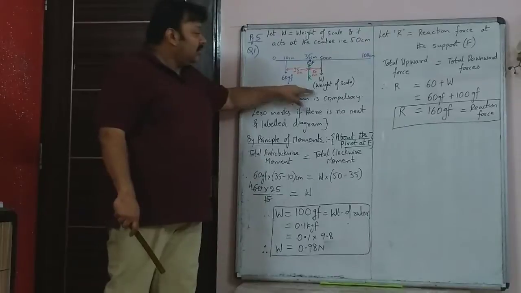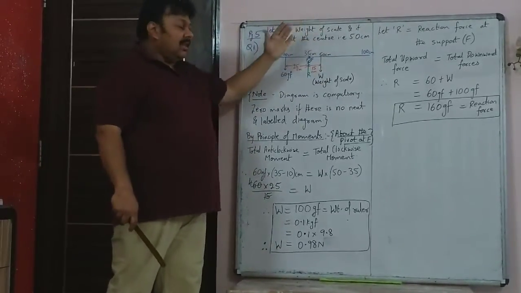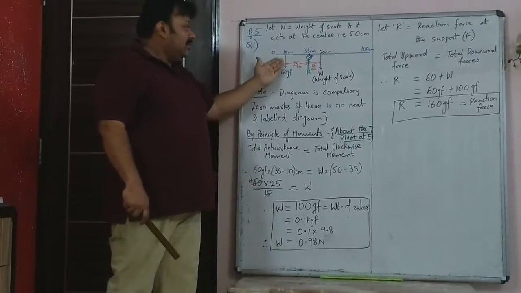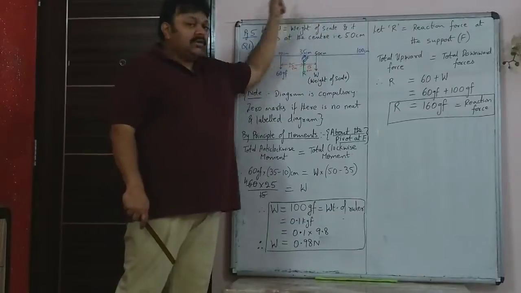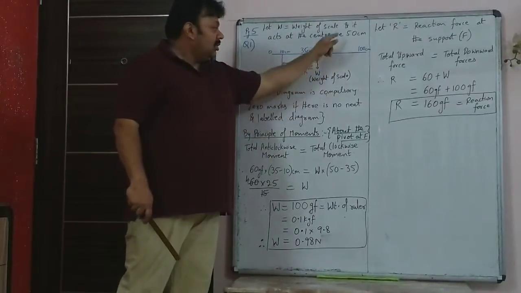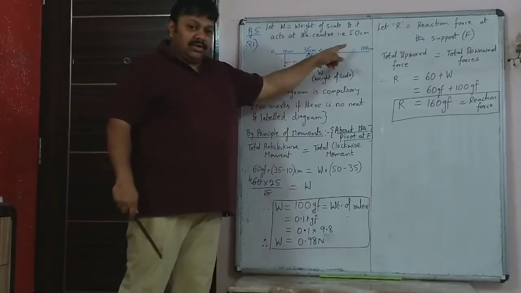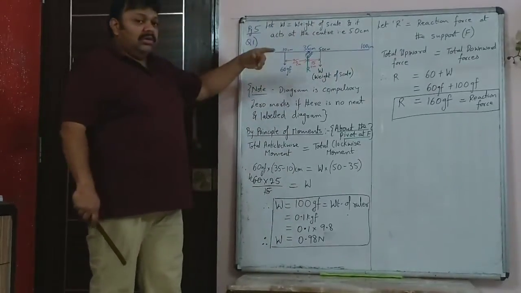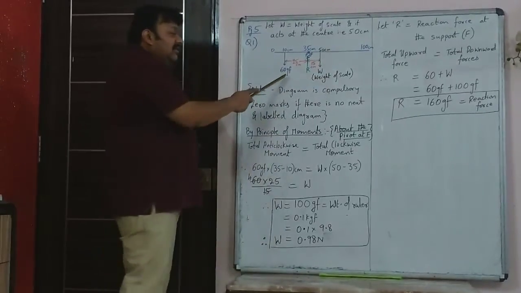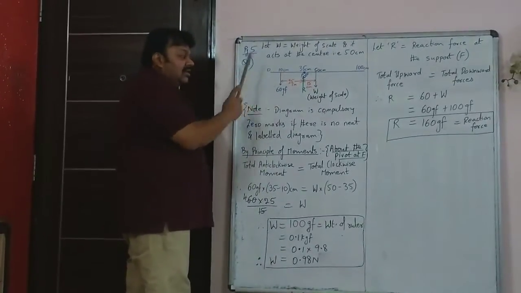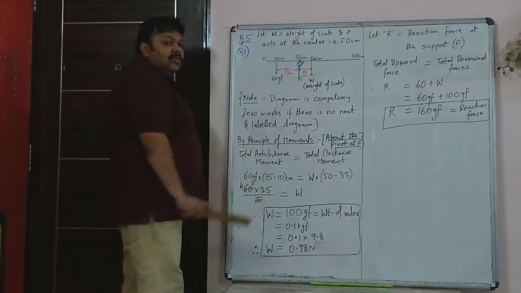It will produce an anti-clockwise moment. If one person sits here and let's say the earth is not there, then the person will go down in this direction, and due to his weight he may swing a little further. Of course he may not go all the way around, but still this is anti-clockwise. So the 60 gf weight hung at the 10 centimeter mark will produce an anti-clockwise moment.